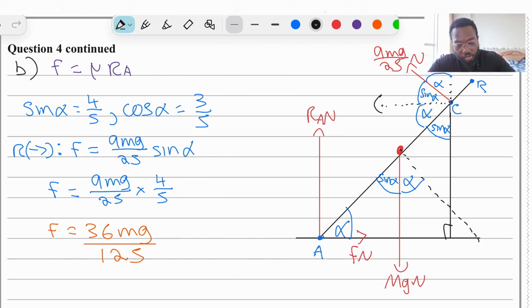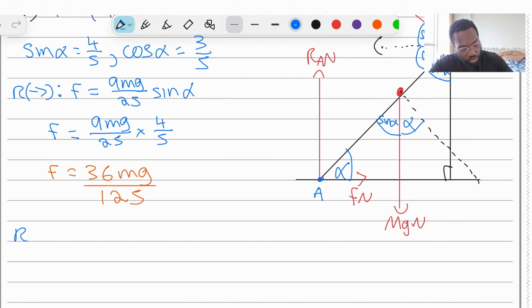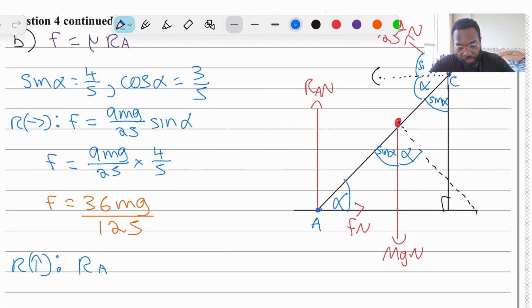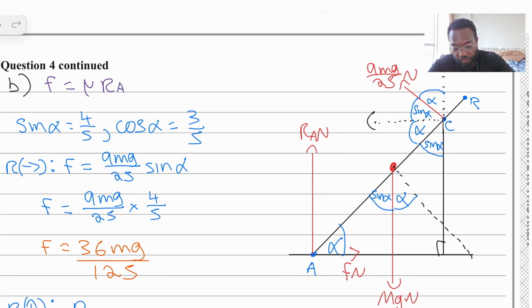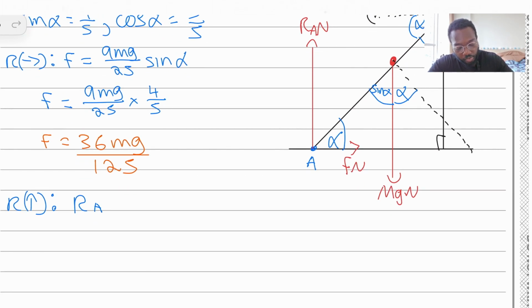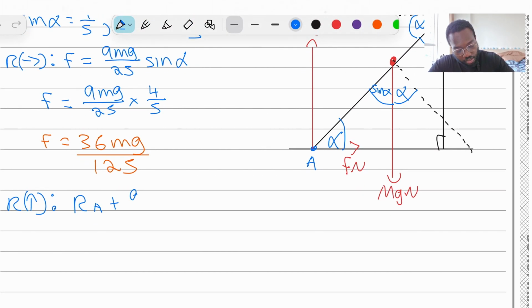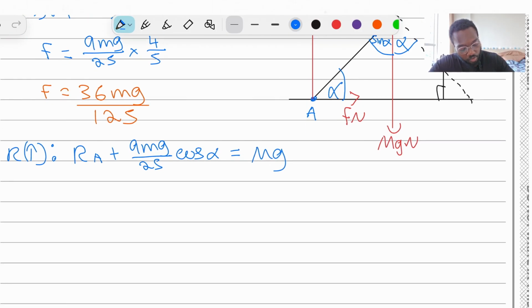So if we work that out down here, and resolve forces, we get RA, and that is going to be plus this value here, the 9mg over 25 cosine alpha, and that must equal the mg. It's a capital Mg. And if we work all this out, we get RA.